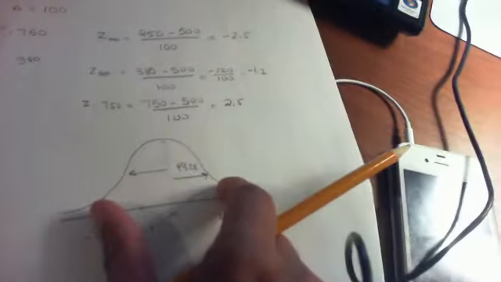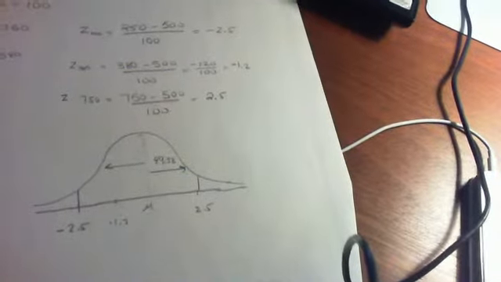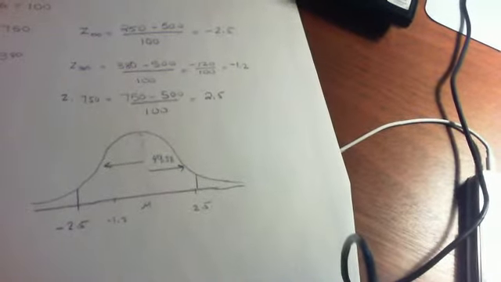49.38. Okay, so if I want to know the area between these 2 points, and they're exactly the same, this is positive 2.5, this is negative 2.5, I can just take 49.38 and double it. And when I do that, 49.38 times 2 gives me 98.76.